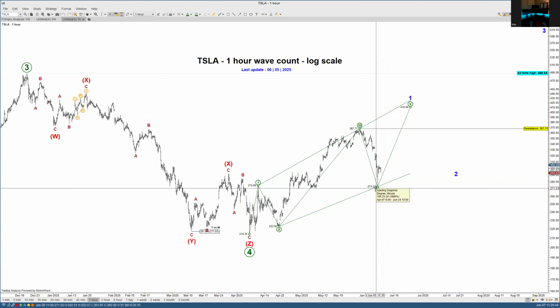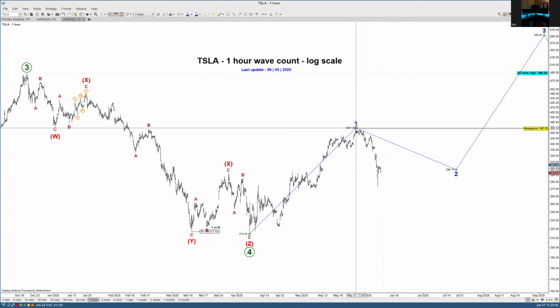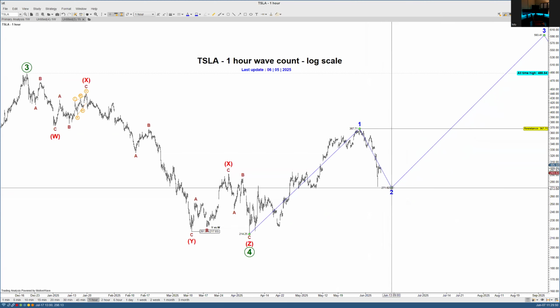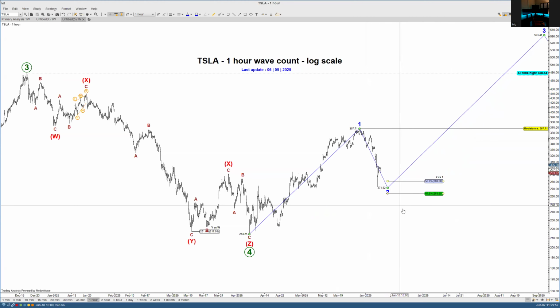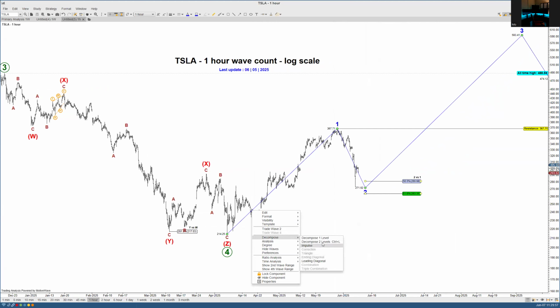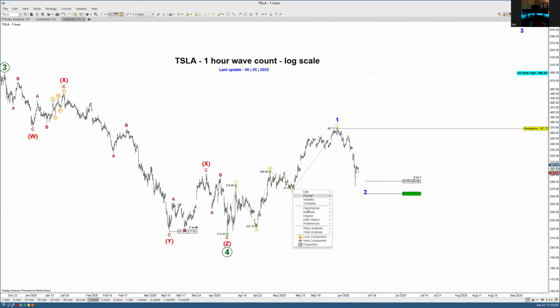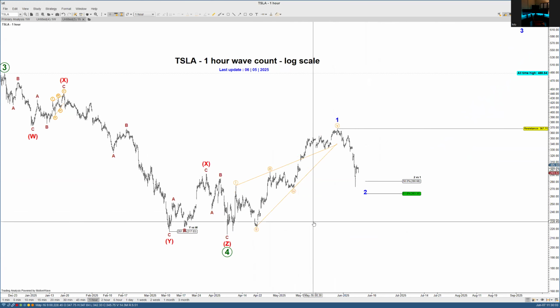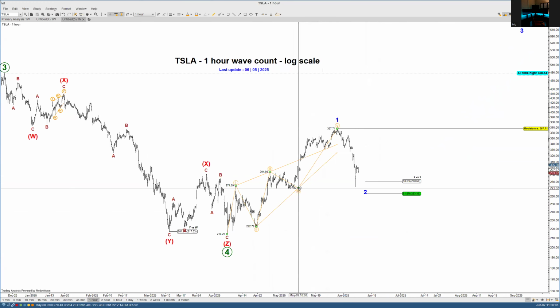No wave count. I'm not sure yet. I'd like to make a case of a 1-2, something like this. That's the only way you can make this thing work.